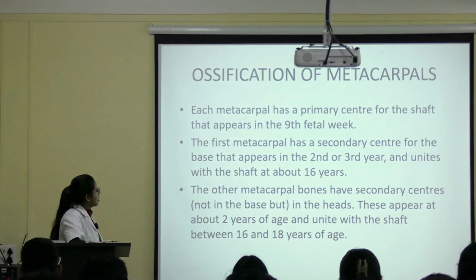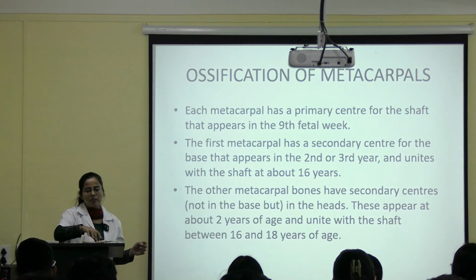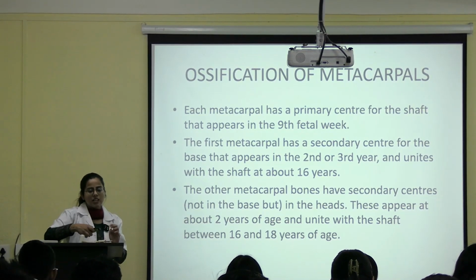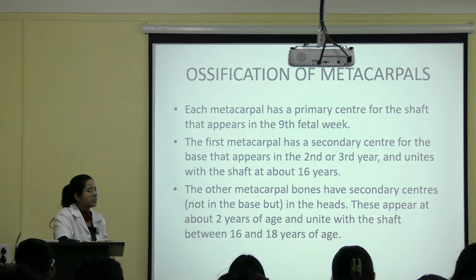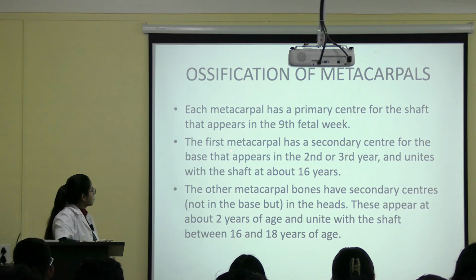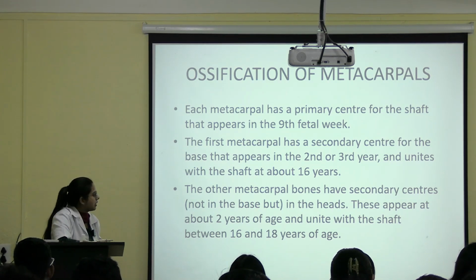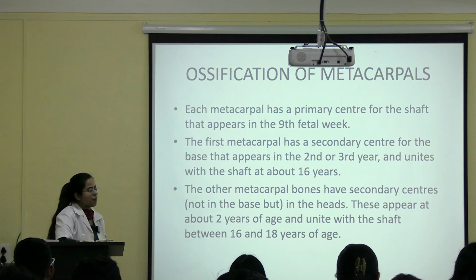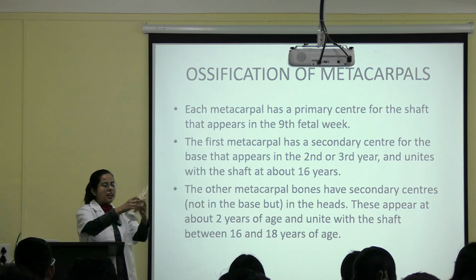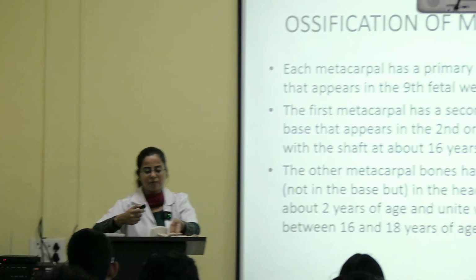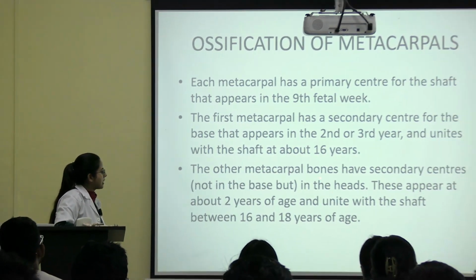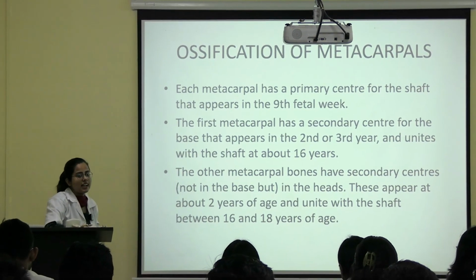Now the first metacarpal is different from the rest of the metacarpals. In case of first metacarpal, the secondary center will first appear in the base. It appears in second to third year, and then unites with the shaft by 16 years. Base means this one, proximal. And in case of other metacarpals, the secondary center will appear in the head.